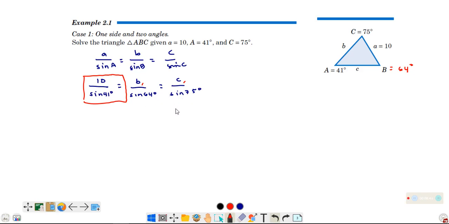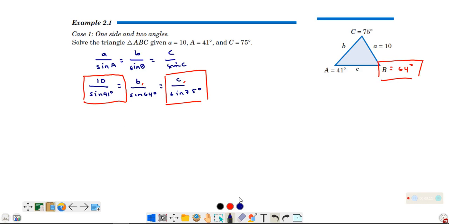So, i-honor natin yung thought na si sine B, itong nasa baba, ay unknown kanina kasi hindi natin alam si 64, di ba? So, ang piliin muna natin ay itong dalawang ito. So, si 10 over sine 41 at saka si C over sine 75. But if you wish, you can also use B over sine 64 degrees.